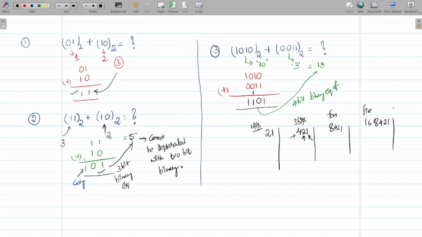Similarly for 4 bits, similarly for 5 bits, you can easily convert them into the equivalent decimal number. Here, as the two numbers as well as the result are all 4-bit binary numbers, we can use the 8421 code in order to find their equivalent decimal values and then verify your answer. Okay.